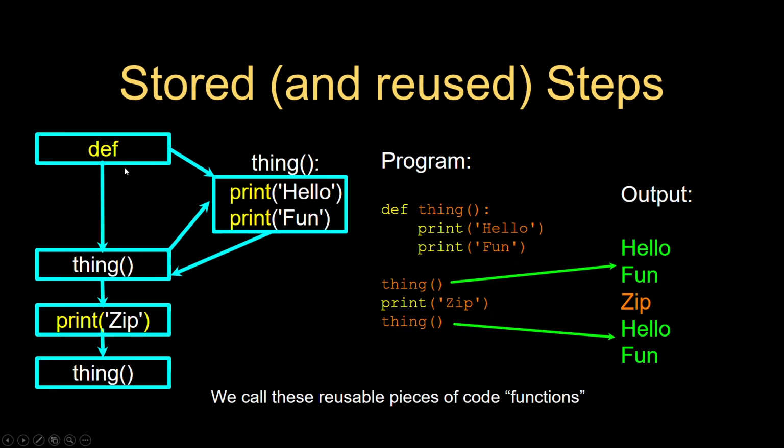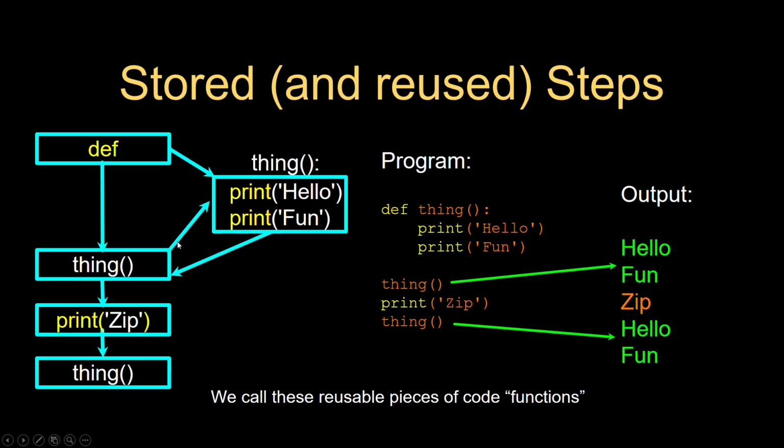So when there is a definition, this definition is like code that is put aside, but will not be executed right away at the definition time. And then if we look at the program flow control at the top, there is a definition. So the system knows there is a definition, only it knows that there is a definition, and the code is put aside to be executed when it is called. And then right after that definition, we have a function call.